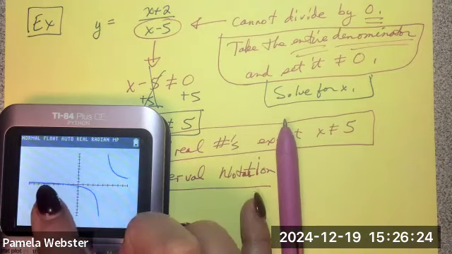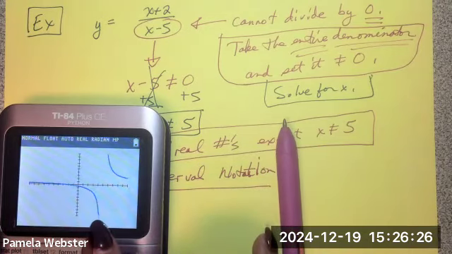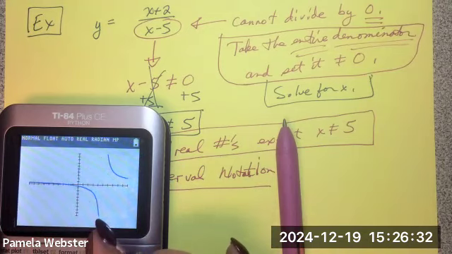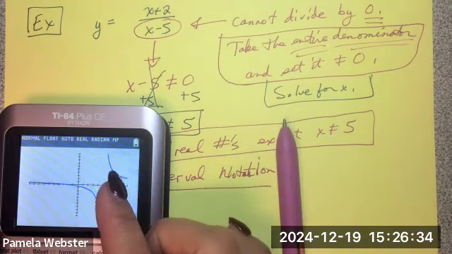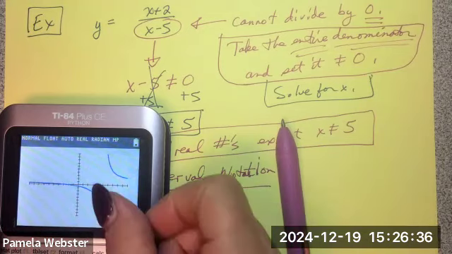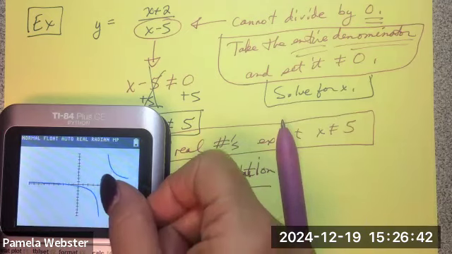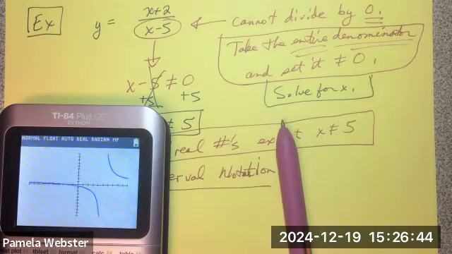What you see is this turns into basically a piecewise function. There's this part that's going down like this, and then there's something we call an asymptote, which we'll get to later. And then there's a part like that. Right here at x equals 5, that's where the asymptote is, and basically it's causing my graph to split up.